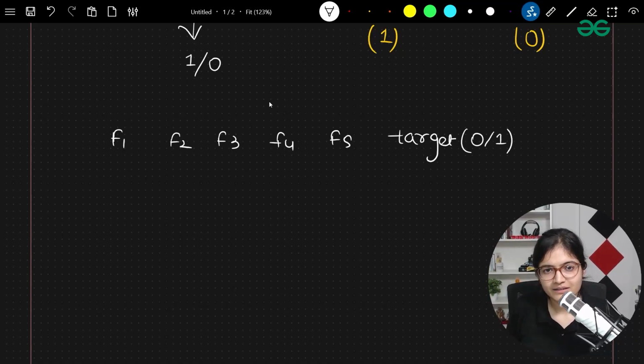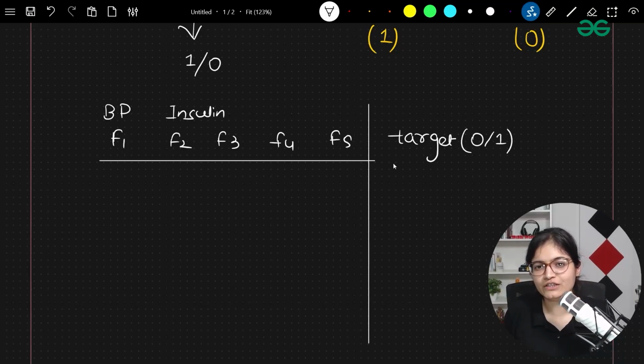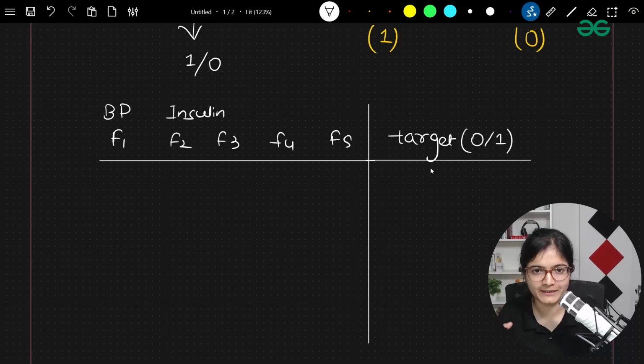Okay? This is numeric data that you have, and maybe they're providing the BP of a patient, the insulin level of a patient. Like that, there are 5 features that we have. And corresponding to every record, we will have a target value, which is either 0 or 1, meaning either the patient will be diabetic or non-diabetic.